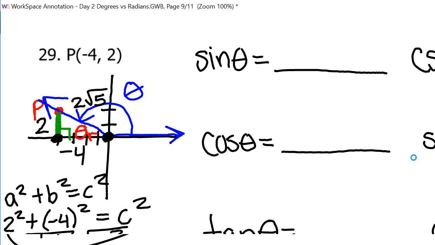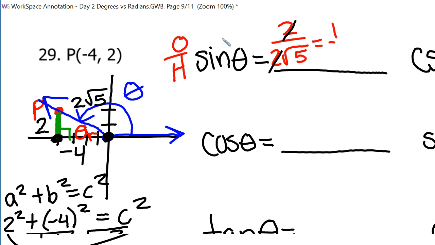So using SOHCAHTOA, how do we find sine? Opposite over hypotenuse, I agree, that would be 2 over 2 square root of 5. And those 2's cancel. And what's left in the top? A 1 over square root of 5. Now that's not the right answer because we need to rationalize that.